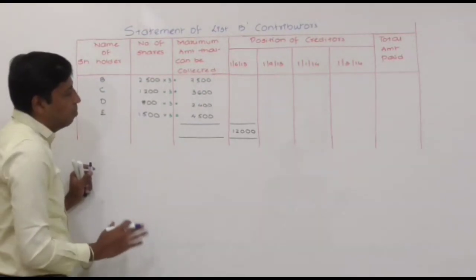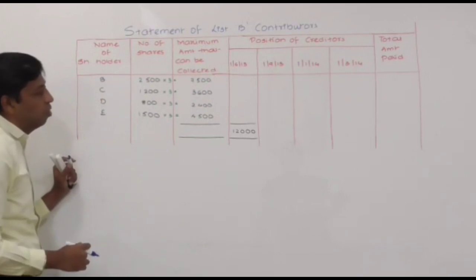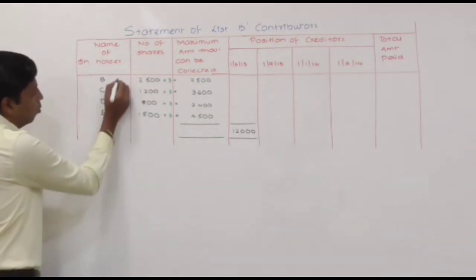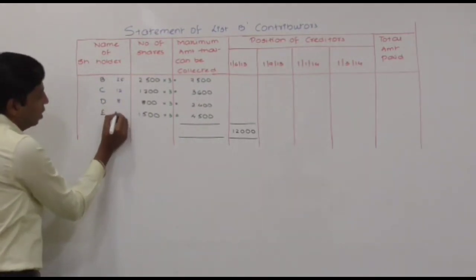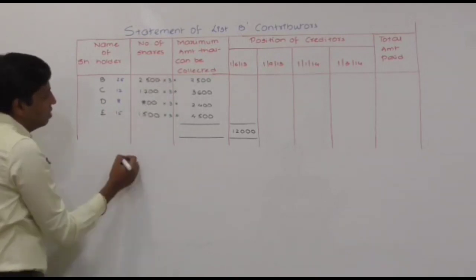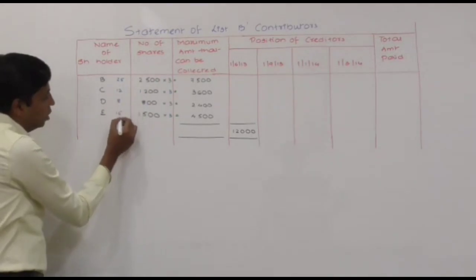We can calculate the proportion either of the shares or of the amount. Say for example, the proportion is 25 is to 12 is to 8 is to 15. 2 zeros are cancelled. So 25 is to 12 is to 8 is to 15.